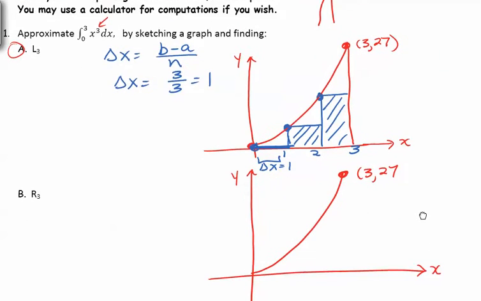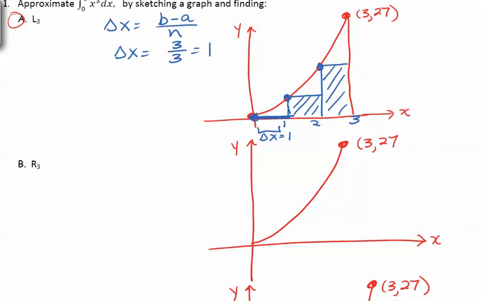And let's compare that right away to part B, where we're going to be doing the same problem, the area from 0 to 3, but in this case, we are going to be using right-hand rectangles. So this time we would measure our rectangles to have a height at the right-hand edge.